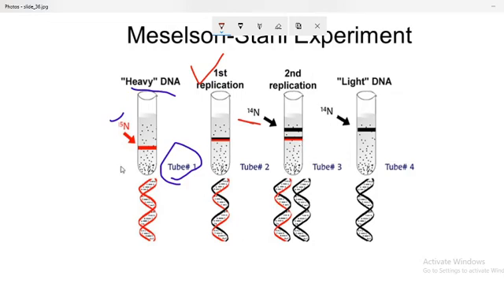The N15 isotopes form N15 N15 bands. The N14 isotope culture medium forms N14 N14, and there are hybrid DNA. This one is light, N14 N14 type, where both strands are N14 type.